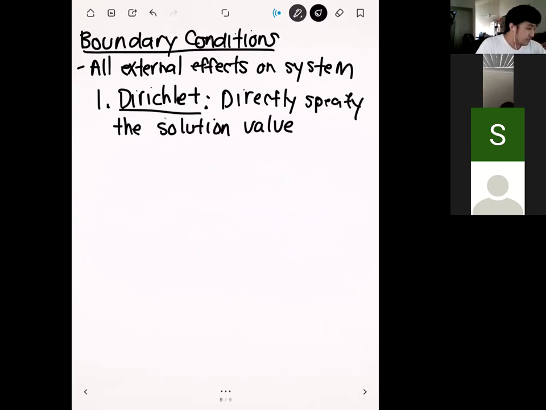A common example of this that you'll see in practice a lot in ANSYS is constraints. Like in this example, we have a fixed constraint.